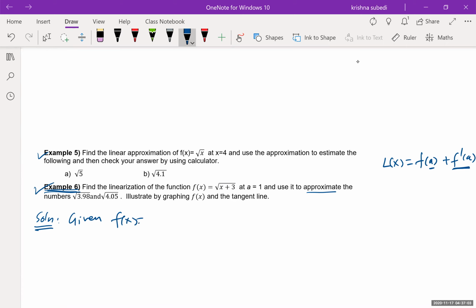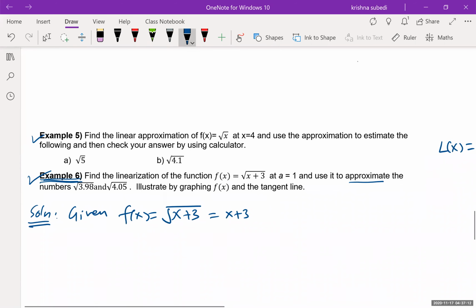Given f of x equals the square root of x plus 3, which means x plus 3 to the power half, your derivative is going to be 1 over 2 square root of x plus 3.